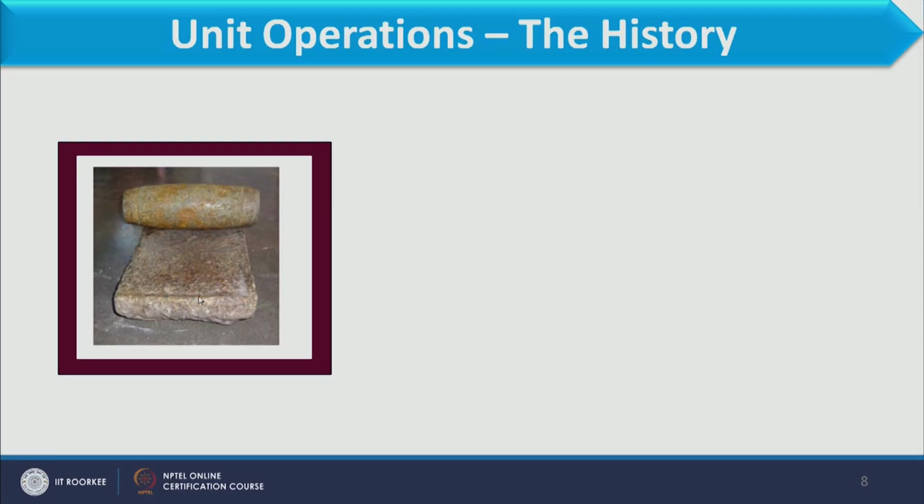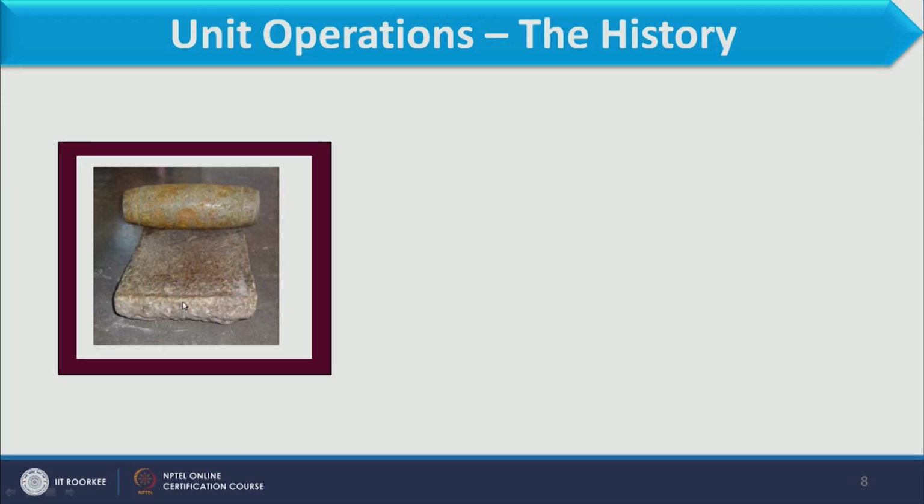Now here, in this particular figure, what is this? I think we are all aware of this. This is what we use to prepare the spices in our houses. Even I have seen this in my house since my childhood, and you also have seen. So this is nothing but an arrangement, an equipment which involves unit operation to convert higher size particles to lower size.